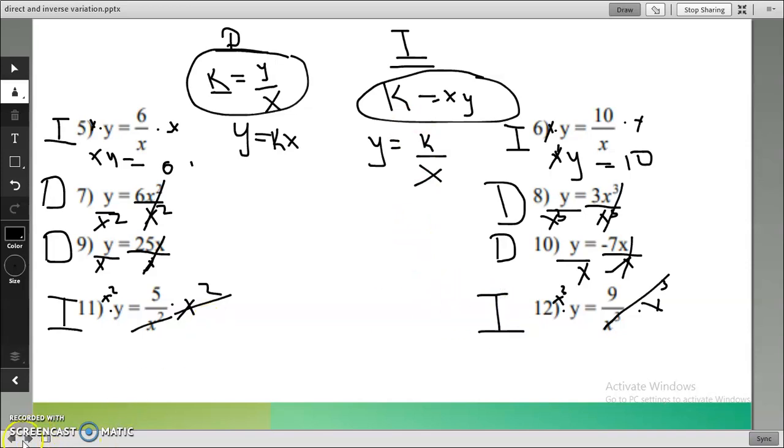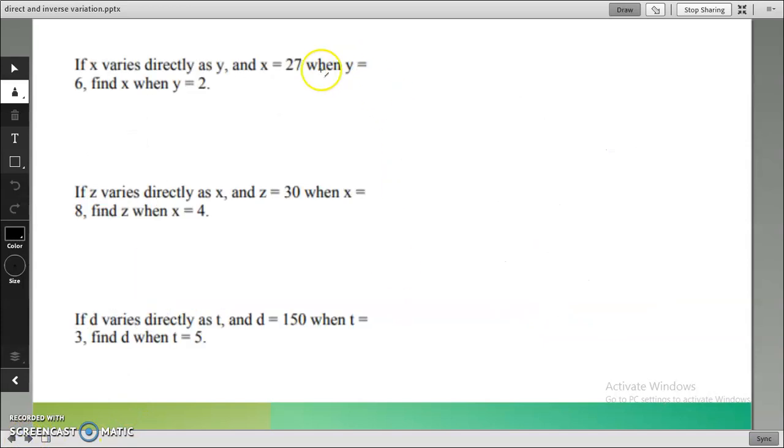Let's do some examples where we actually find the unknown. All of these are directly proportional. There are two ways that I could do direct variation, and the only reason I can do this in two different ways is because it is directly proportional, so I can use what I know about proportions.